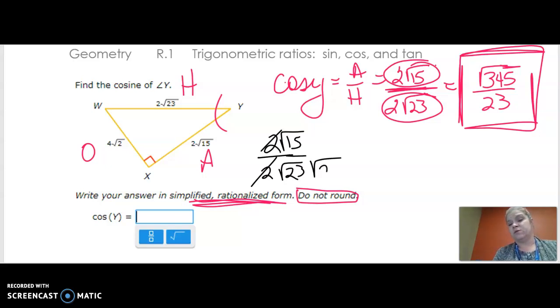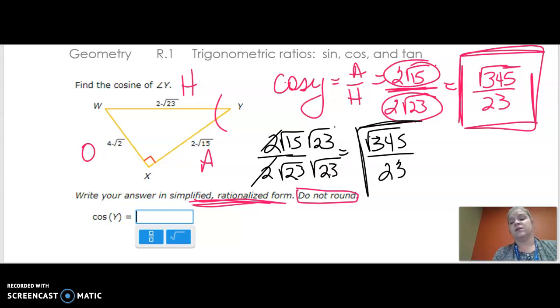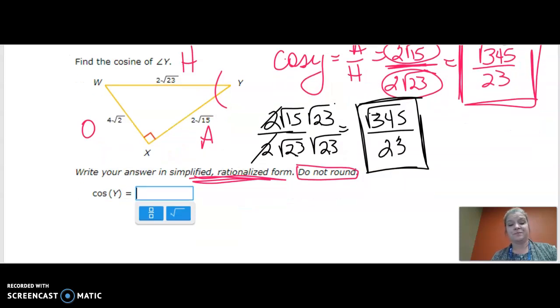So whatever your square root is, square root of 23 over square root of 23, and I suppose 15 times 23 is 345. And if you take the square root of 23 and the square root of 23 and you multiply them together, you're just going to get 23 because the square roots cancel each other out. So that's how the calculator got that.